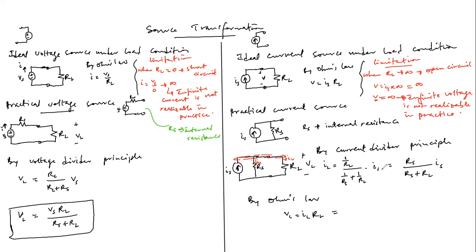And we already know IL, so it means VL is RS over RS plus RL times IS times RL. So VL is seen to be the same as IS times RS and RL divided by RS plus RL.